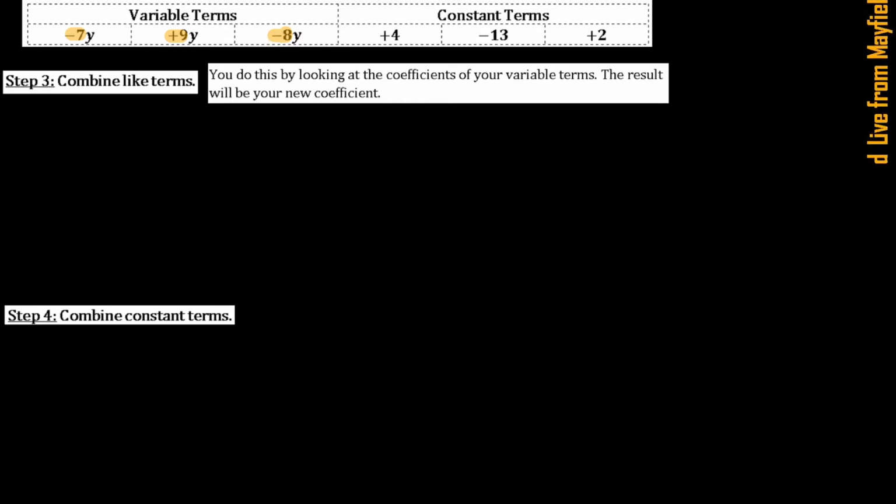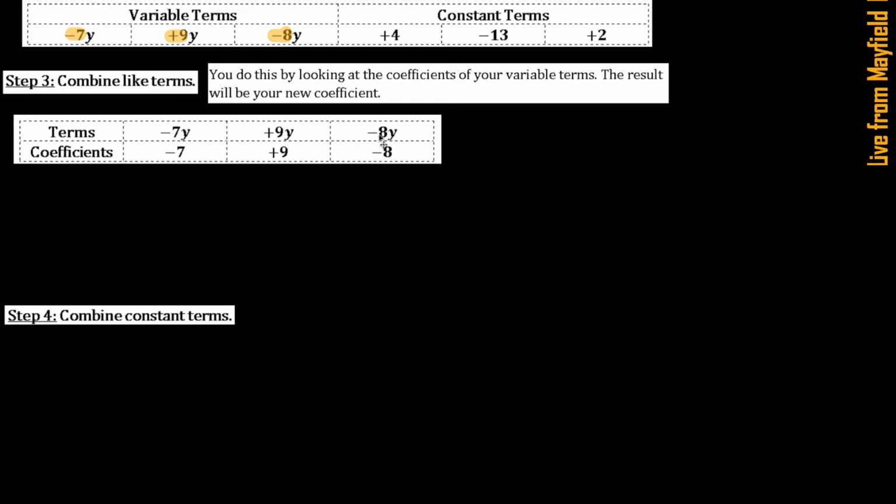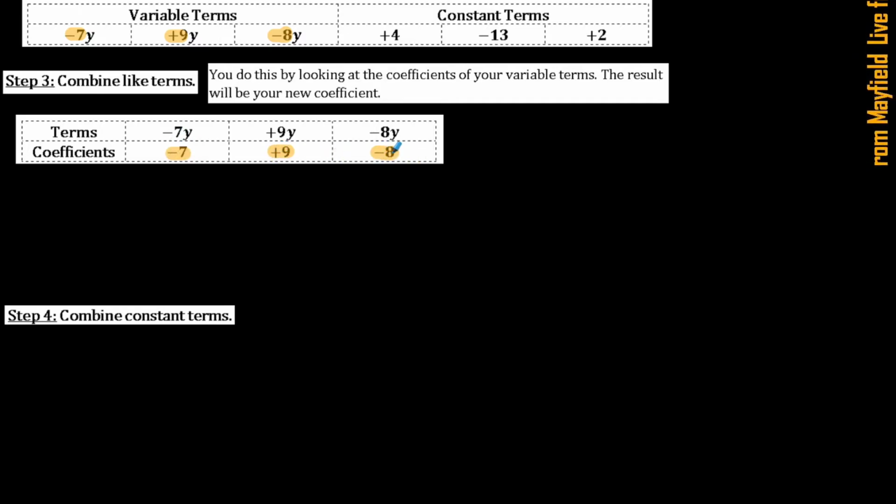Let me bring these in here. I'm talking about those variable terms where their coefficients are listed here. Again, if you want to use a highlighter like I am, please do. Feel free to help yourself out. That way you can make it a little bit easier for yourself.